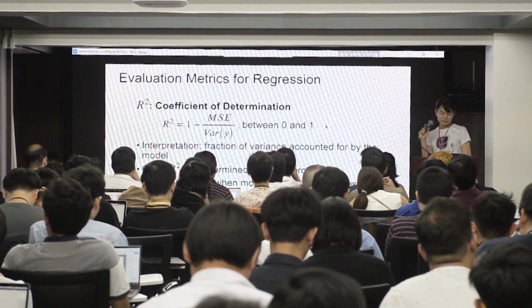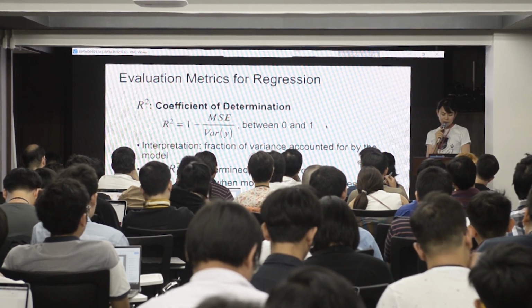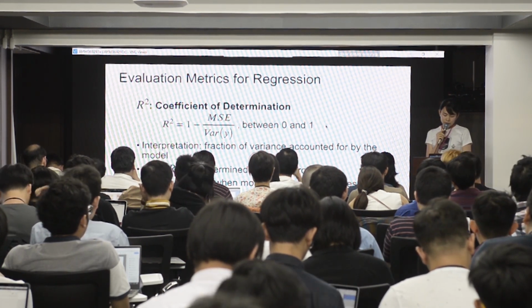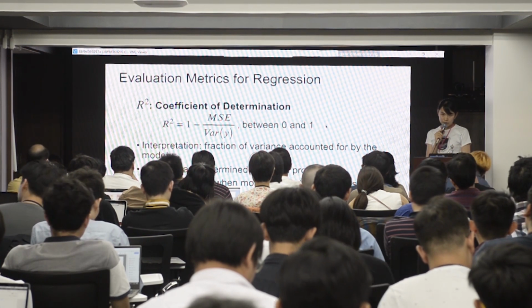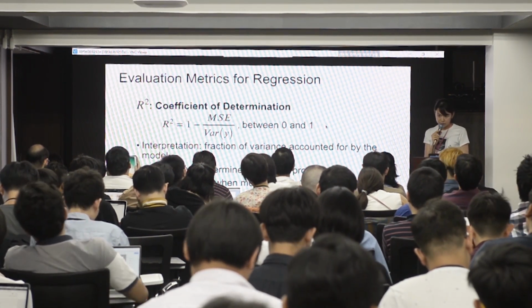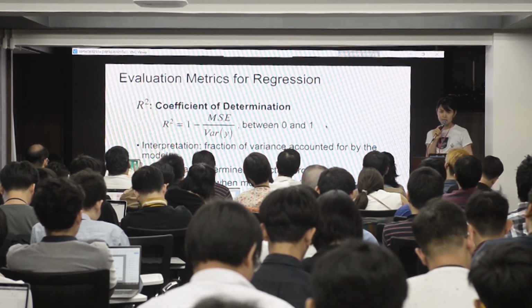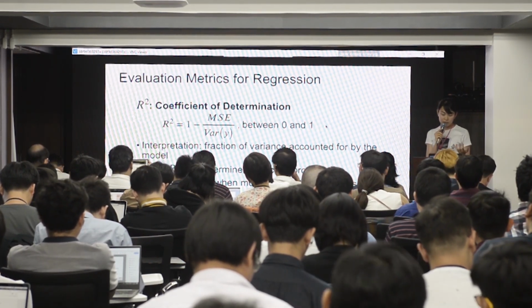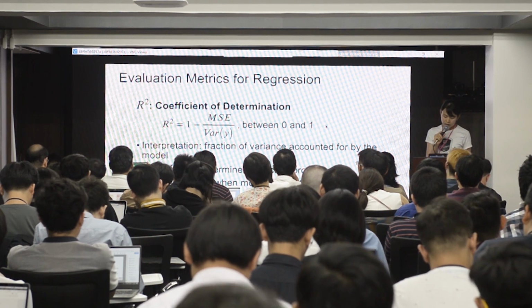Something to keep in mind: when you include more variables or more features in your model, your R-square will always increase, because a more complex model will always explain more variance.